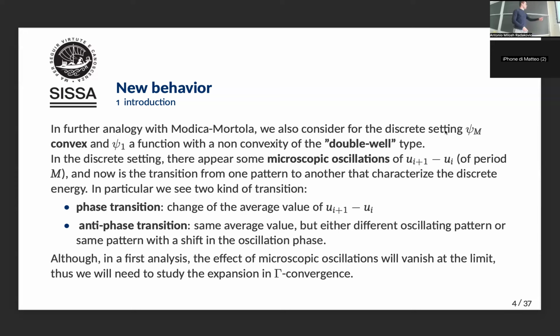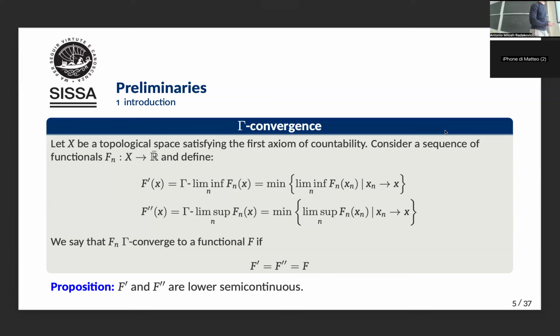Okay, to study how this oscillation affects our energy, we will use the tool of gamma convergence, but we will see this is not enough. We will also have to apply some gamma convergence expansion. Okay, so as a preliminary, we just present quickly how we can prove a gamma convergence result.